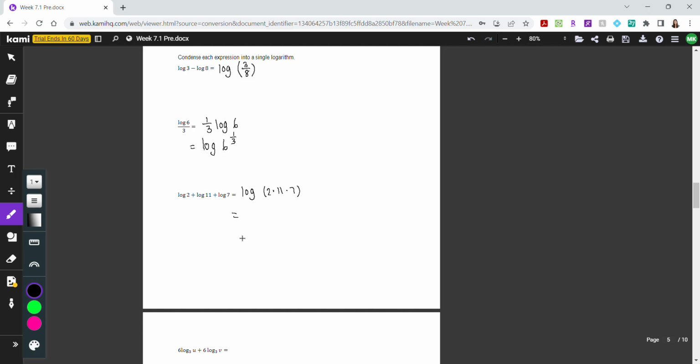So 2 times 11 times 7 would finally give me log 154. All right. And that's how you condense logarithms. Now we have a few more practice problems before we learn how to solve logarithmic and exponential equations.